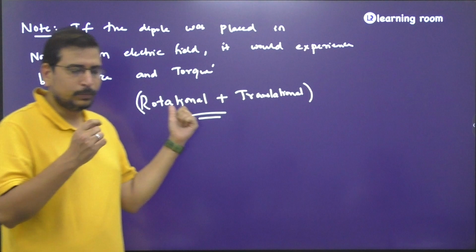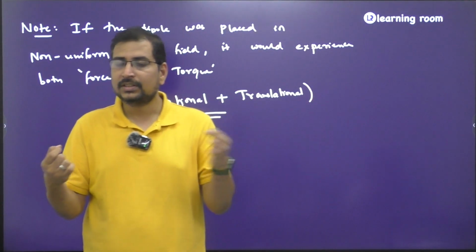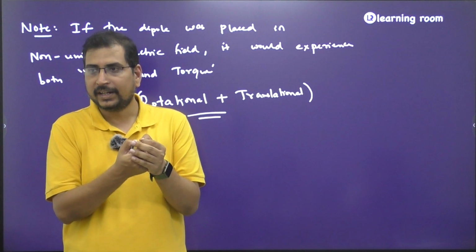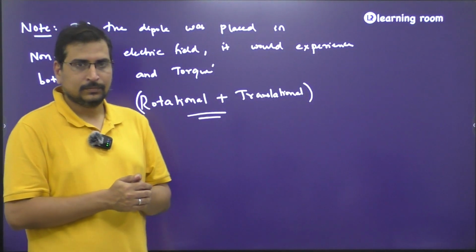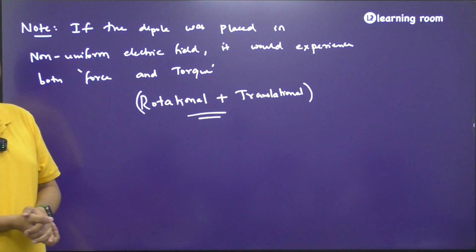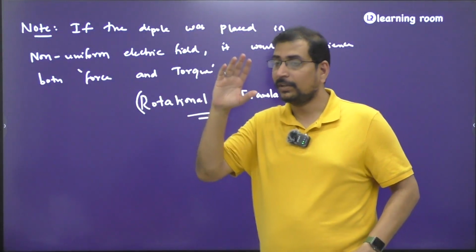The food particles will experience both translational and rotational motion and start colliding with each other, so that heat is generated faster. So there's a real-time application. If you see the value of the electric field inside it, it will be very, very high.